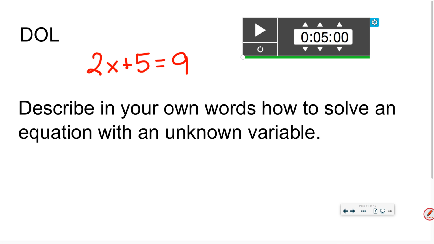Now again, you don't have to just explain the steps of solving that one. That's just an example. But how would you explain any equation? Like what do we do when we solve an equation? What's the point? What's the purpose? What's our goal? Okay. So you're going to write in a few sentences on your DOL sheet how you would explain that. Pretend like you have a classmate who has never seen that before. How would you guide them through?